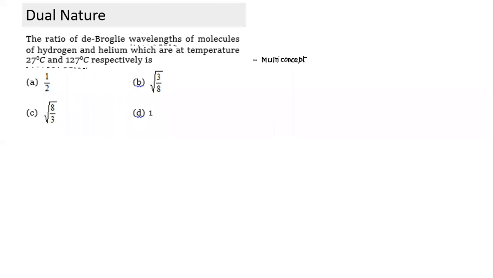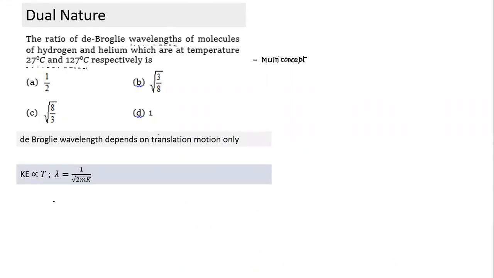Any relationship between velocity and temperature of a gas molecule? Don't remember? Okay, you don't recall that part? I remember something related to it, but I don't know exactly what it was. Graham's law, right?